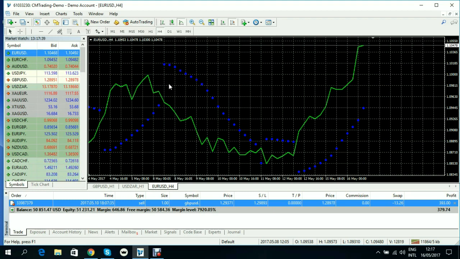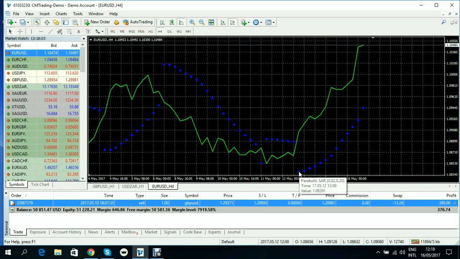So what happens? It reversed downward. This is a fake out. Then also, when it appears below the trend, it represents support.